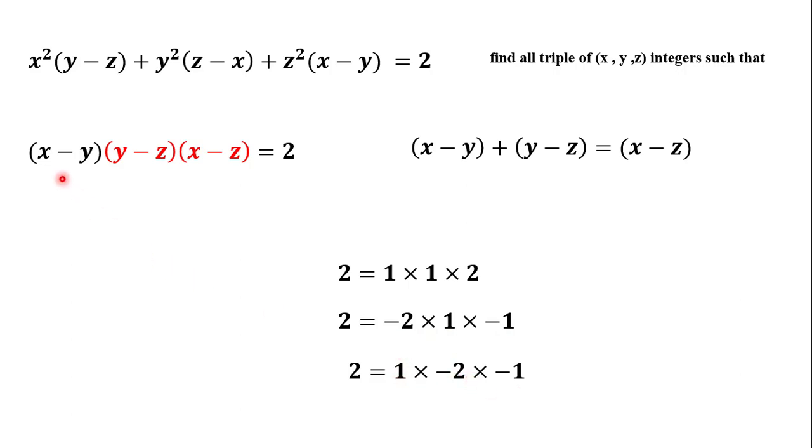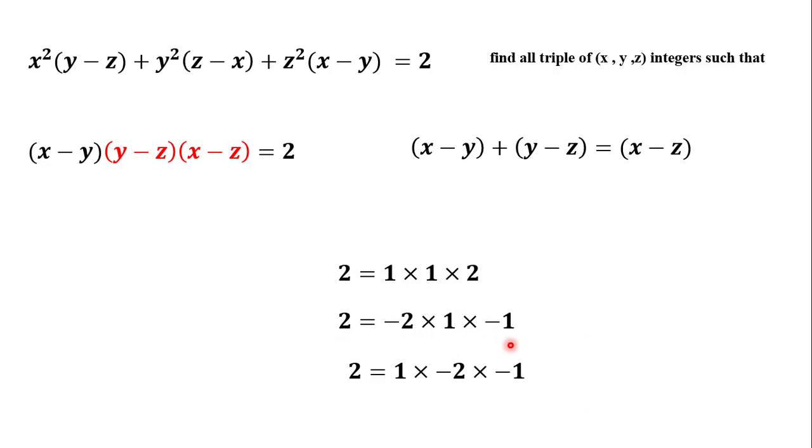In the next step, we can put x minus y equals 1, y minus z equals 1, and x minus z equals 2. Also, we can write x minus y equals minus 2, y minus z equals 1, and x minus z equals minus 1.